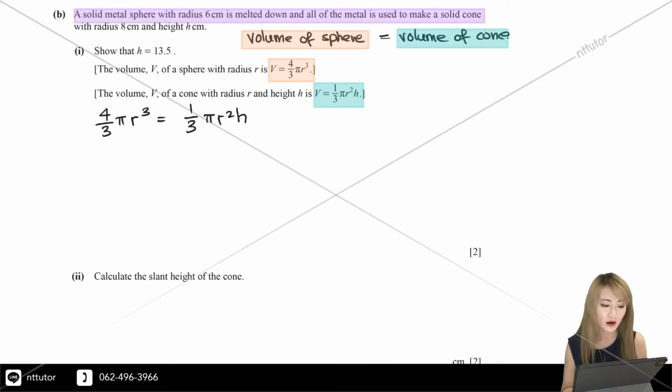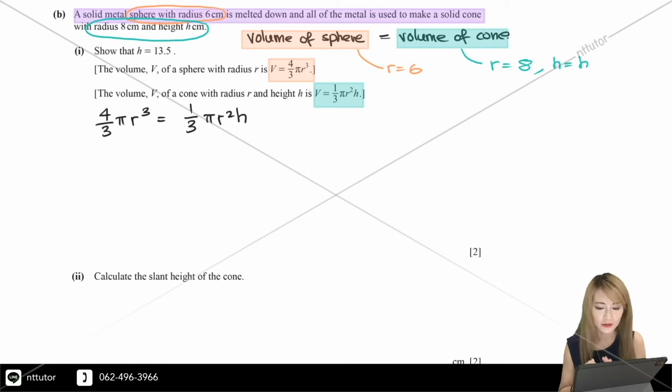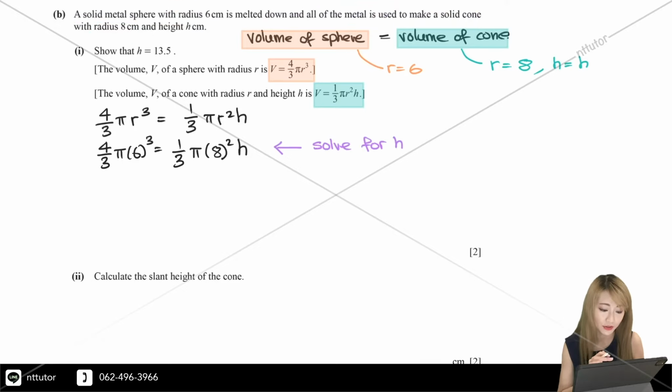For the sphere, r is equal to 6. And for the cone, radius or r is equal to 8. And we don't know what h is. So if we substitute r equals 6 for the sphere and r equals 8 for the cone, the equation turns into this. And we can use this equation to solve for h because h is the only unknown in there.